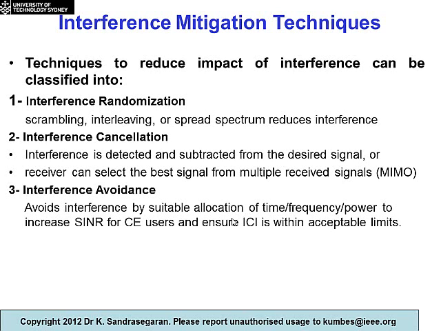And the third possibility, and the one we're going to focus a little more on in this lecture, is interference avoidance. How do we go about avoiding interference in the first place? This could be done by suitable allocation of time, frequency, and power to your users, so that we can increase the signal to interference noise ratio for cell edge users.